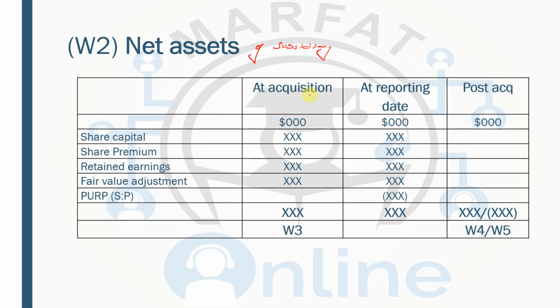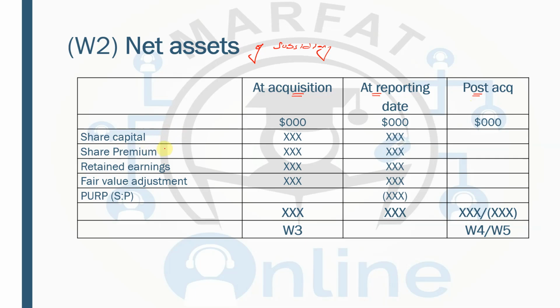So we are going to take the net assets of subsidiary at acquisition and the net assets of subsidiary at reporting date. And the difference of these two will be the post-acquisition. Post-acquisition simply means the earnings which have been made by a subsidiary after the acquisition. So we are going to take the share capital.